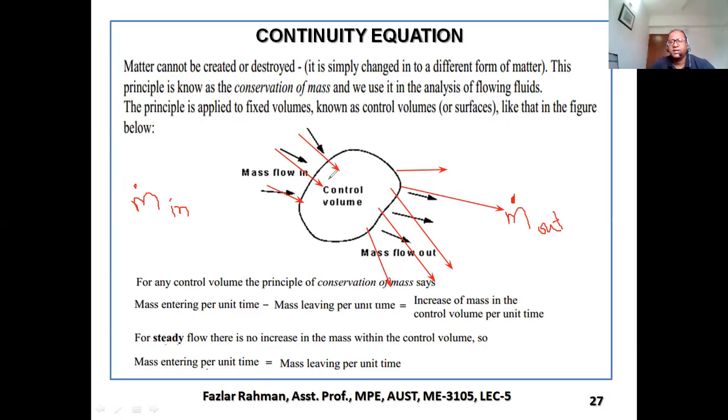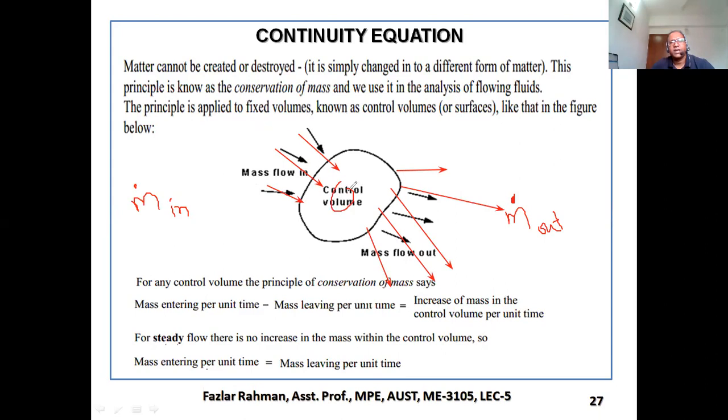So how much mass is increasing? You can just figure out m dot in minus m dot out, right? So m dot in minus m dot out will give you the increase of mass in the control volume per unit time. And if it's steady flow, which means mass flow is not changing with respect to time, then what will happen? Inside the control volume, there will be no change of mass.